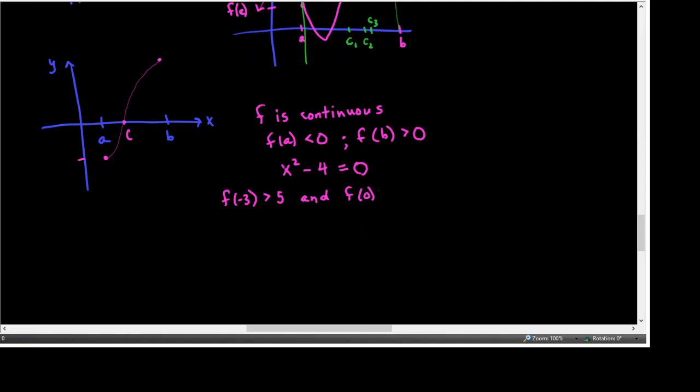Oh, sorry, I wrote 5 and I think I even said 0, but I didn't write it. I said the answer. Oops. That's not what I wanted to say. F of negative 3 was 5. That was the calculated value. What I want to point out is that it's more specifically a positive answer.